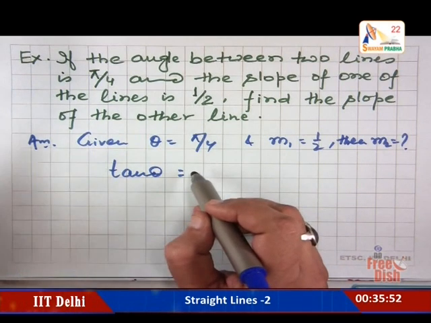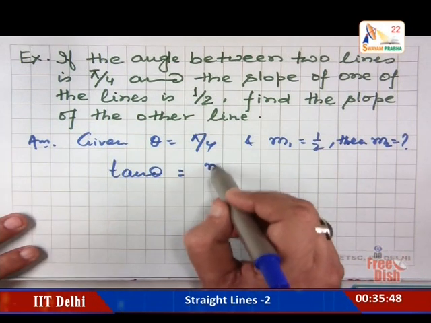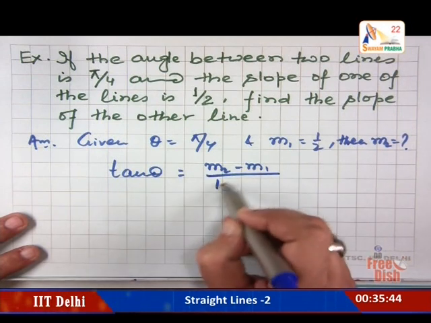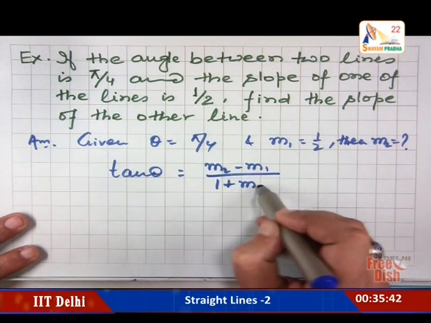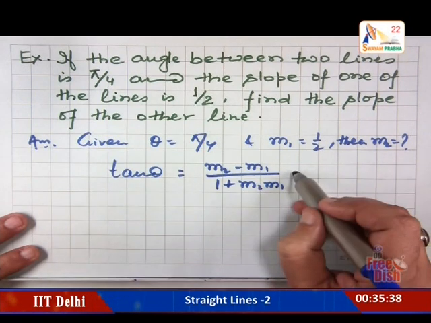So we take positive sign. So tan theta is m2 minus m1 by 1 plus m2 m1.